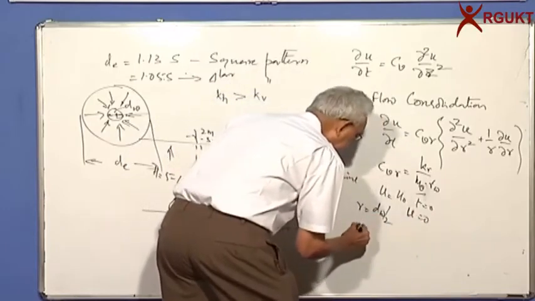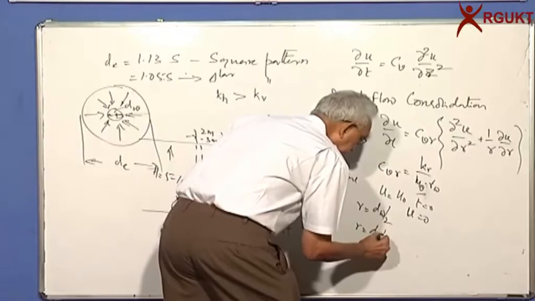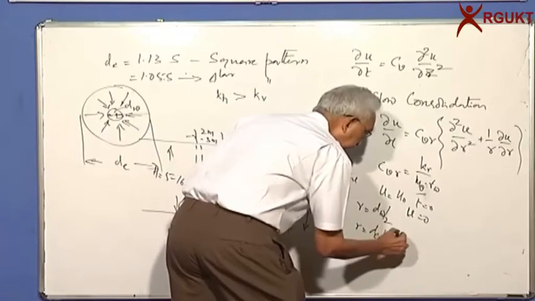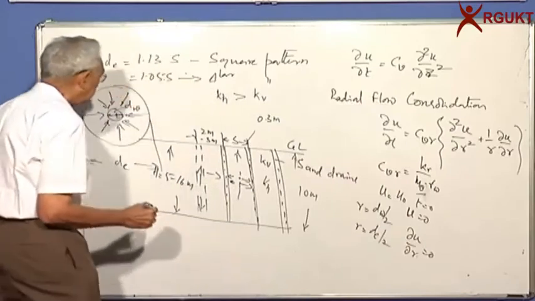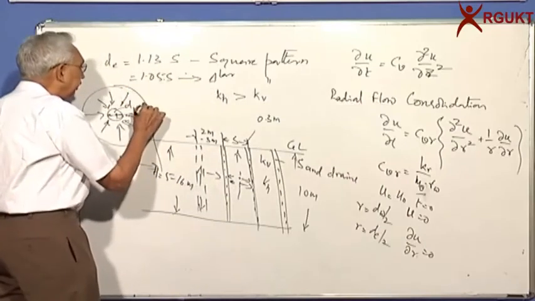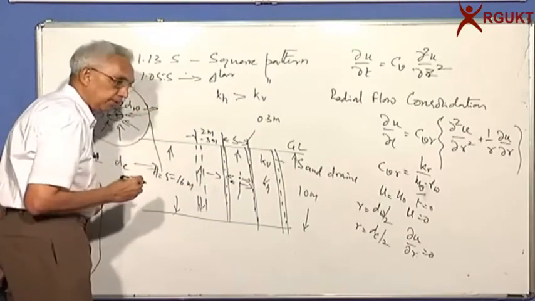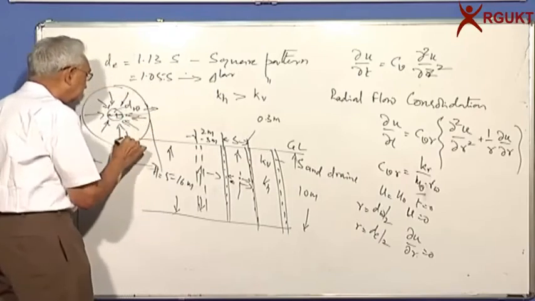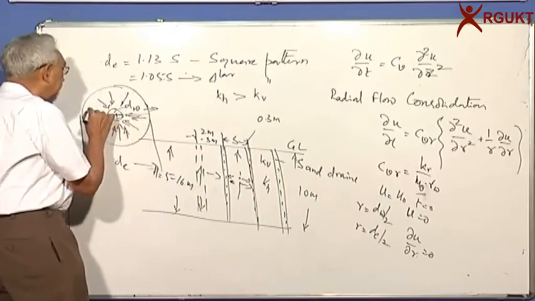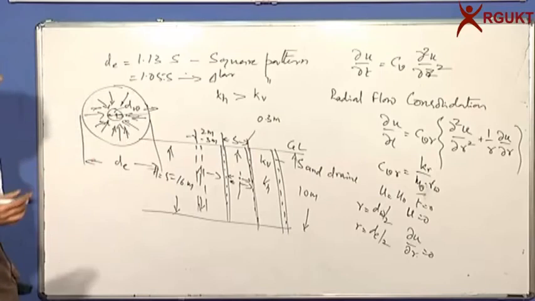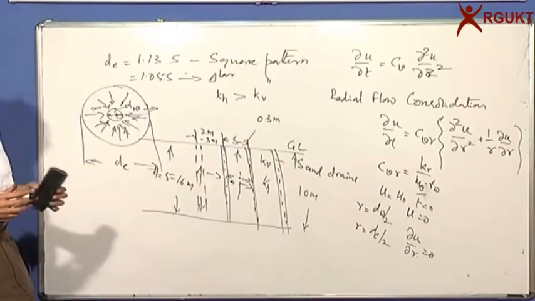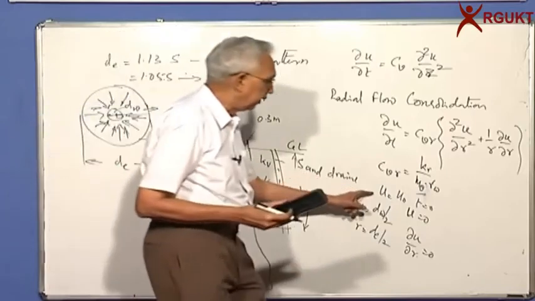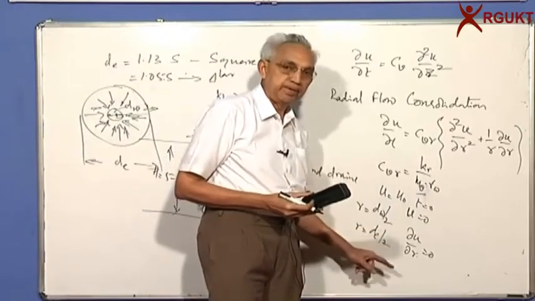And R is equal to the radius of the zone of influence, there is no flow across that. If I take the boundary, can there be any flow across that? All we said was the flow is towards the well, so there will be no flow across, which means the gradient there is 0. So these are the initial conditions, and these are the two boundary conditions.